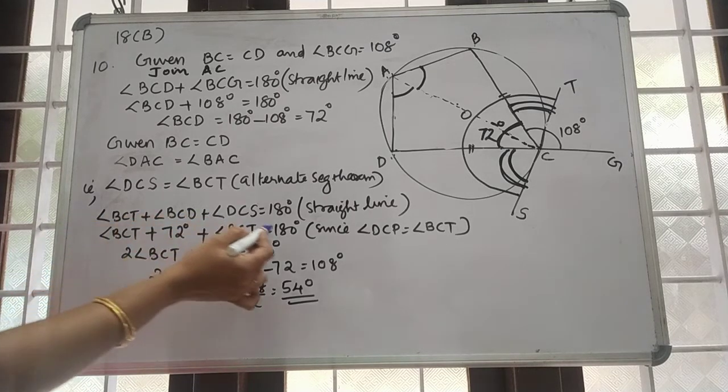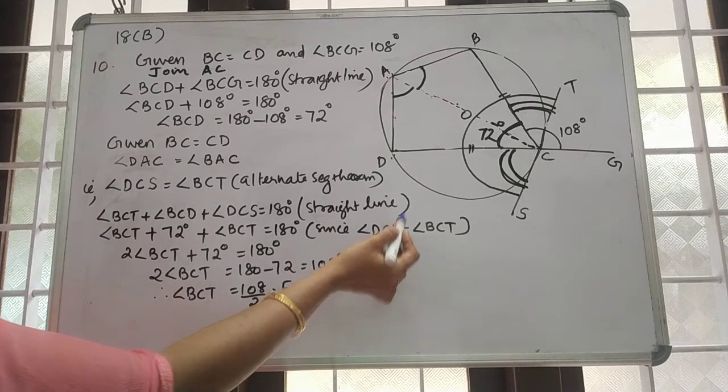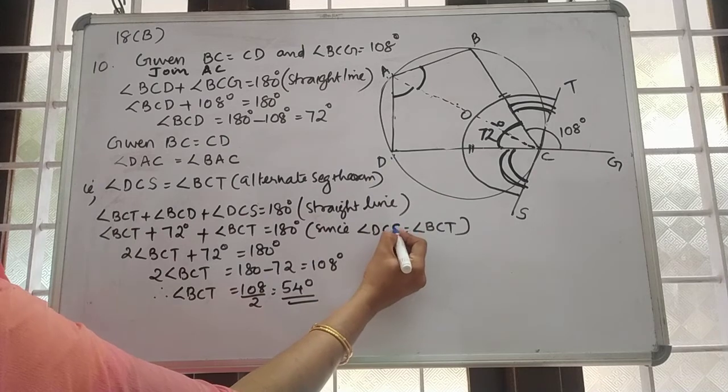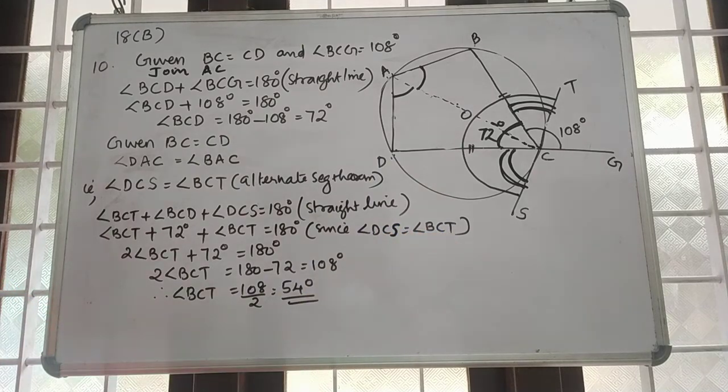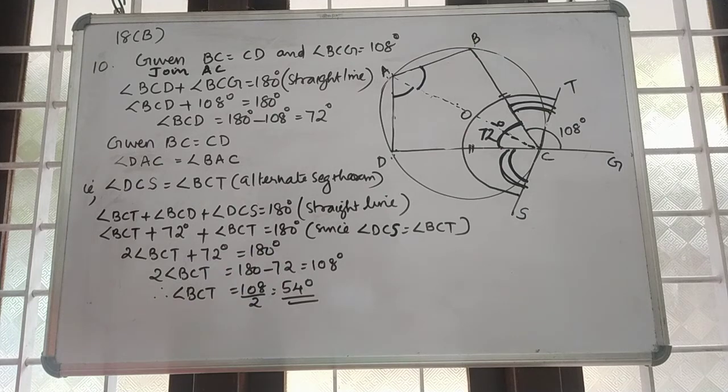So BCT plus BCD, which is 72, plus DCS, which is the same as BCT, is equal to 180 degrees. So 2 BCT plus 72 is equal to 180 degrees. So 2 BCT is equal to 180 minus 72, 108. So BCT is equal to 108 degrees divided by 2, which is equal to 54. That is our first part.